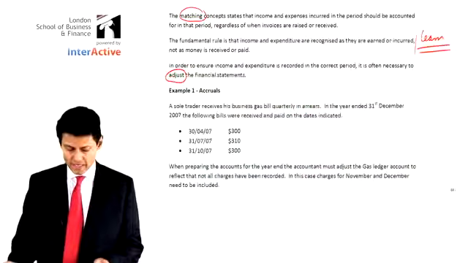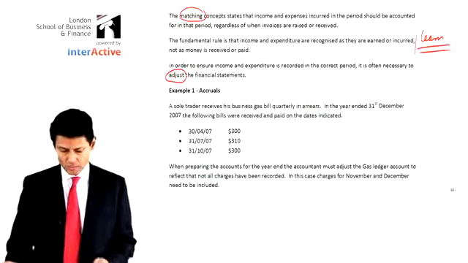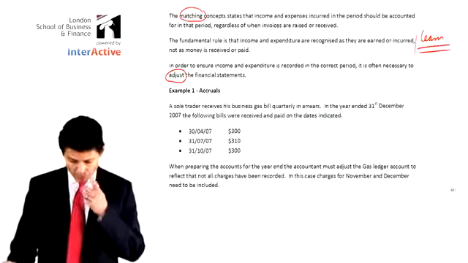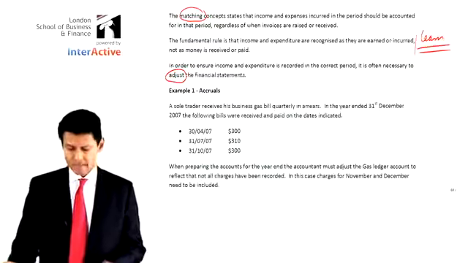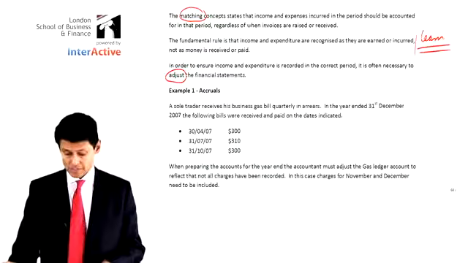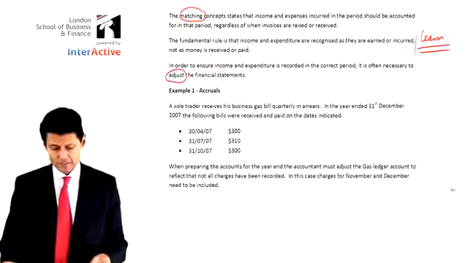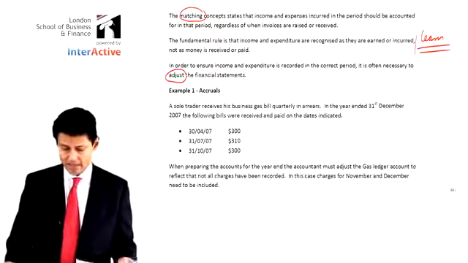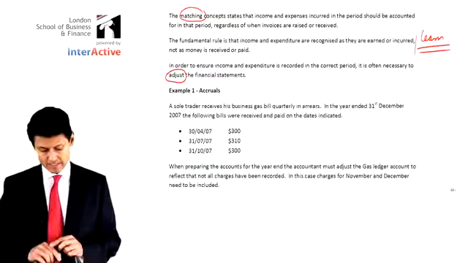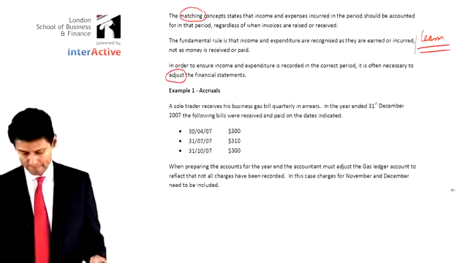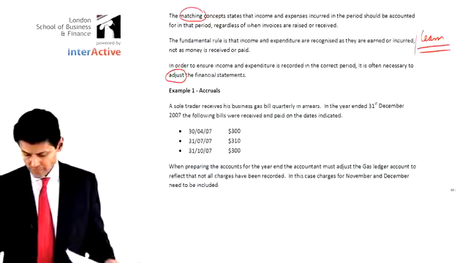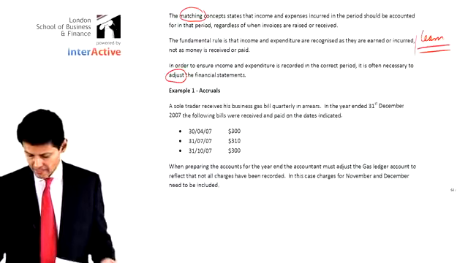A sole trader receives his business gas bill quarterly in arrears. That simply means for the months gone by, for the 3 months gone by. In the year ended 31st December 2007, the following bills were received and paid on the dates indicated.